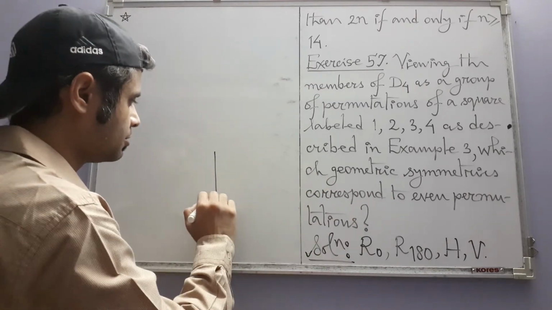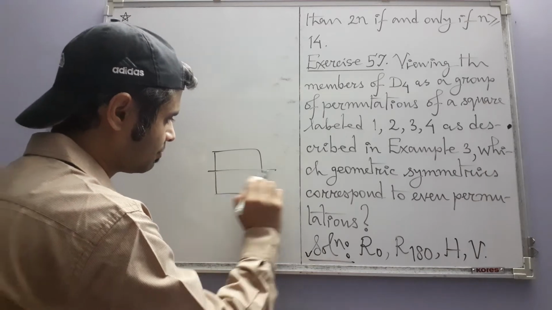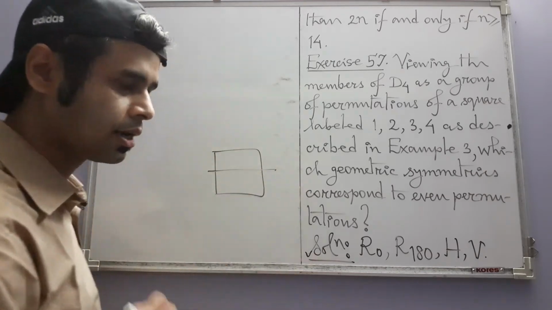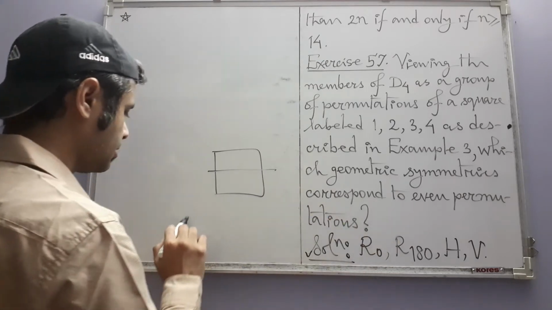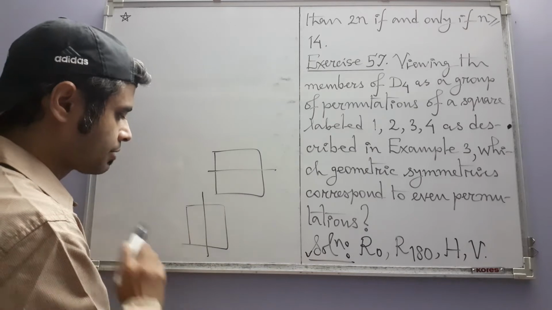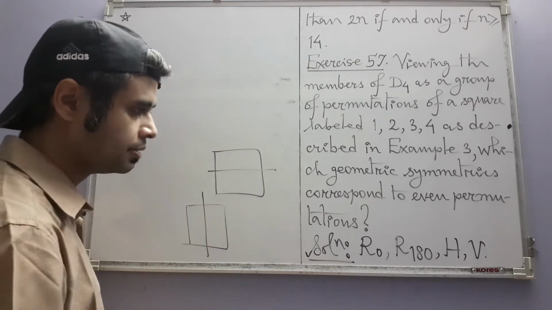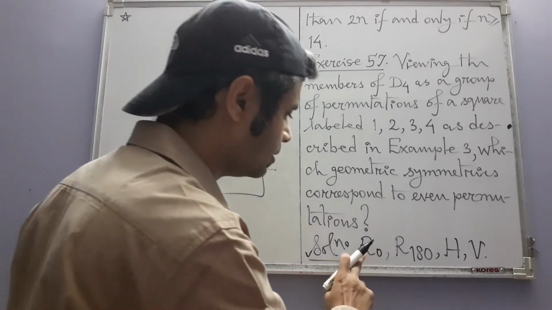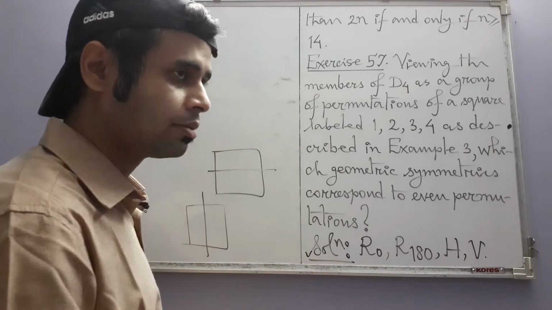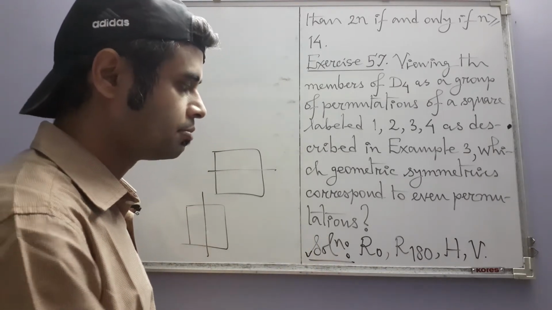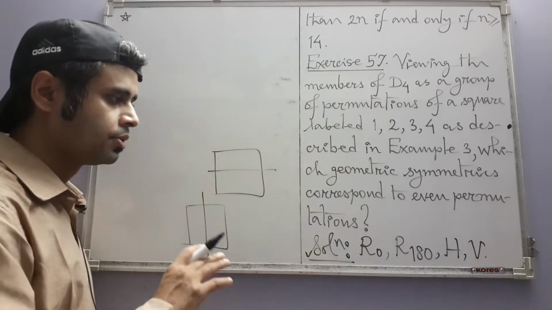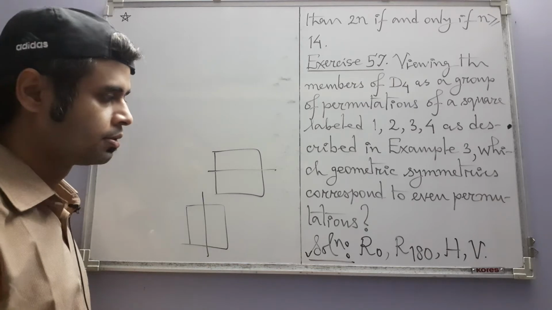That is, you have this square, you have this line, you flip the square along this line, and there is a vertical flip also, where this is your axis about which you are flipping. So it turns out that these transformations correspond to even permutations, and the other transformations that you have in this group D4 correspond to odd permutations.